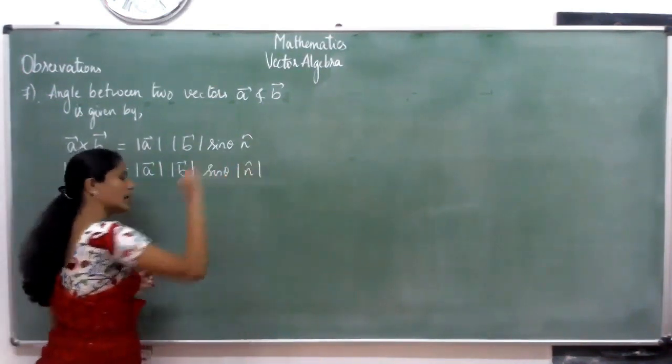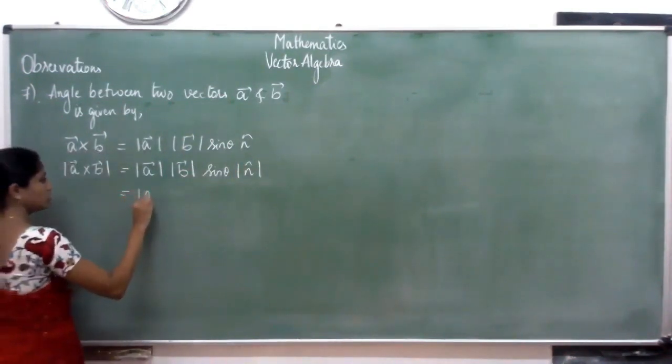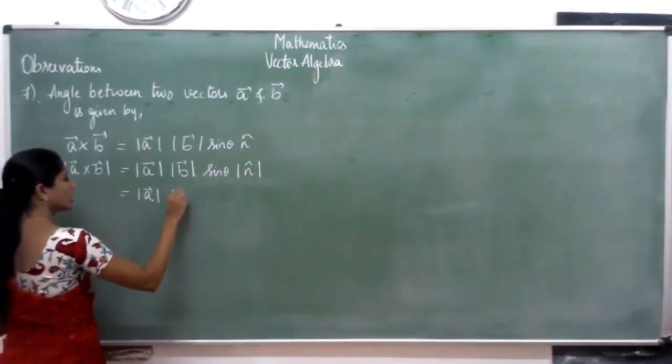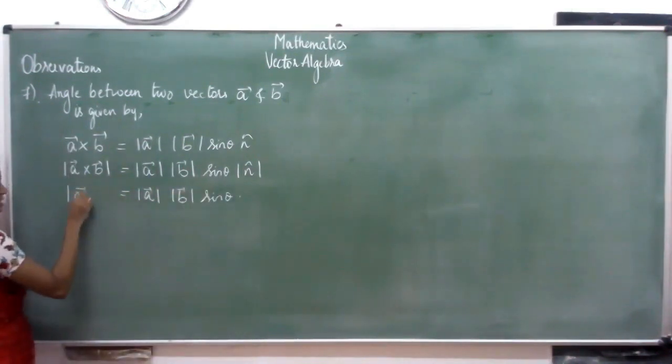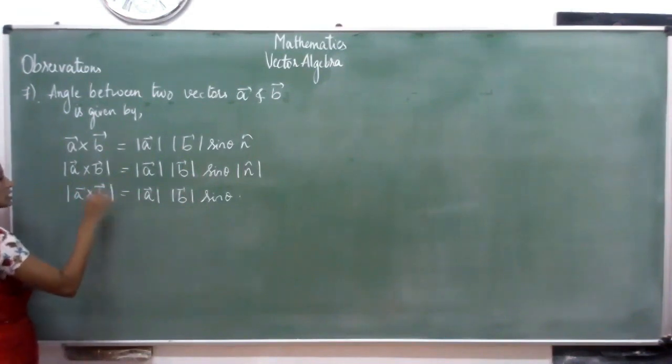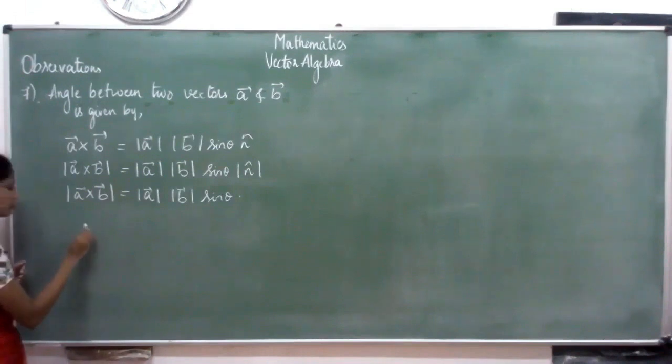Magnitude of n cap is what? It is 1. So this will be equal to magnitude of A, magnitude of B sine theta. From this, can you tell me what is the angle between the two vectors, vector A and vector B?